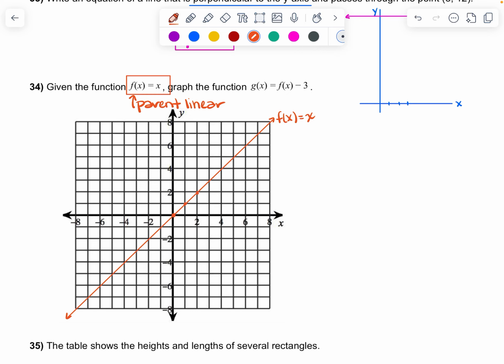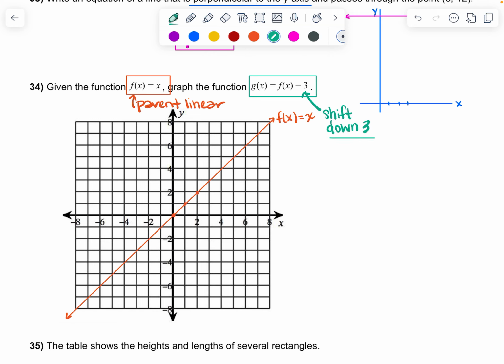It's the same thing. All right, so I've graphed f of x. Now I want to graph a new function that is telling me to take my old function, f of x, and subtract 3 on the end. Well, you need to remember from our transformations what that means, right? So minus 3 on the end means that we're going to shift or translate down 3.